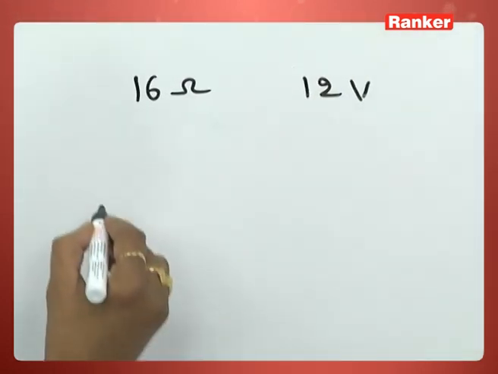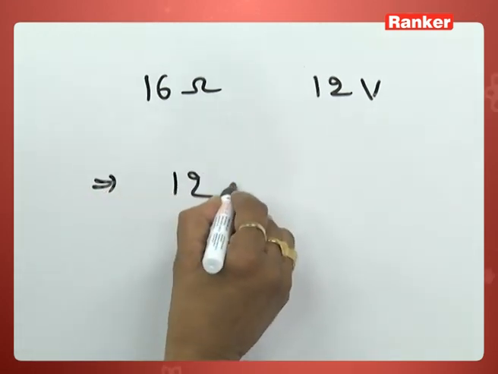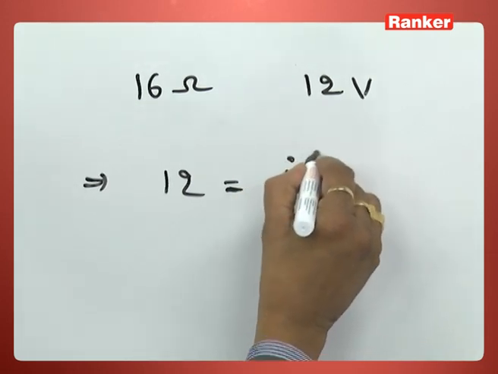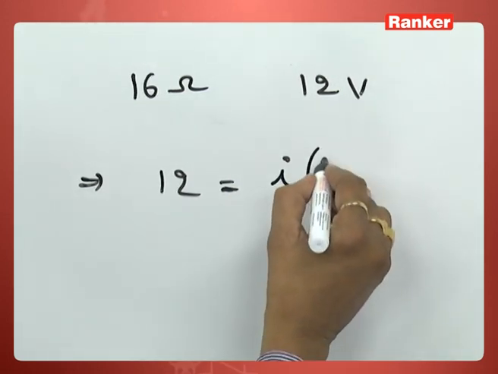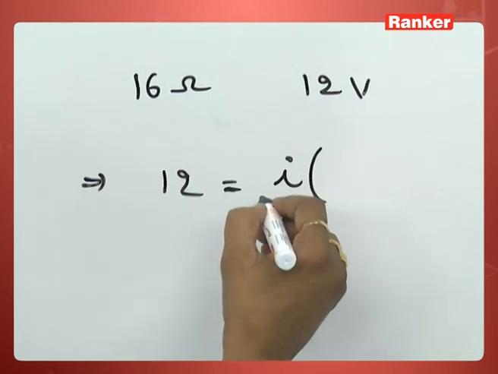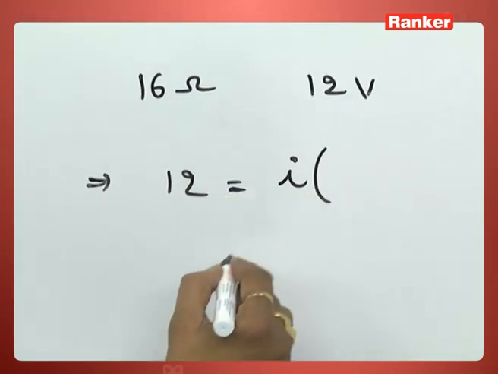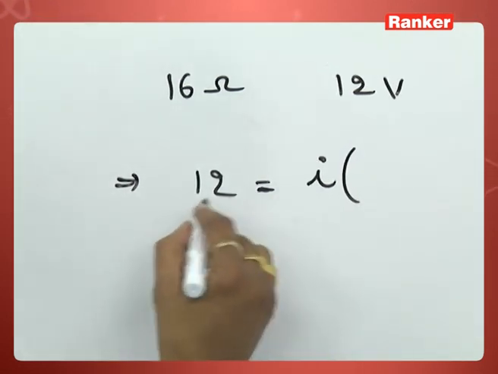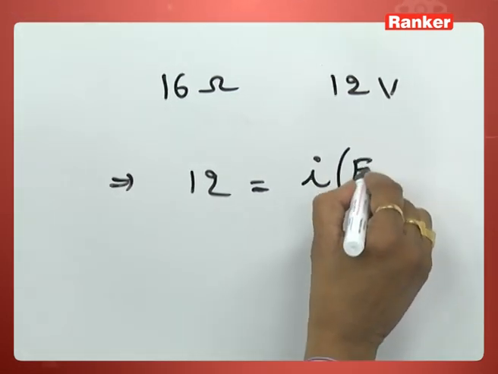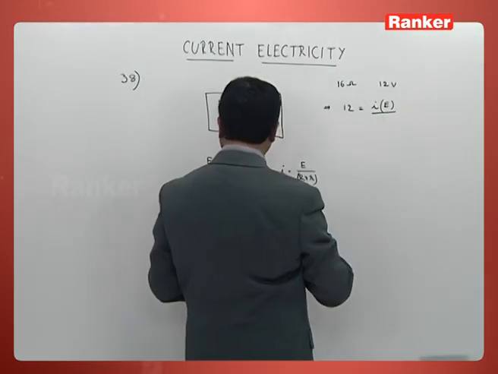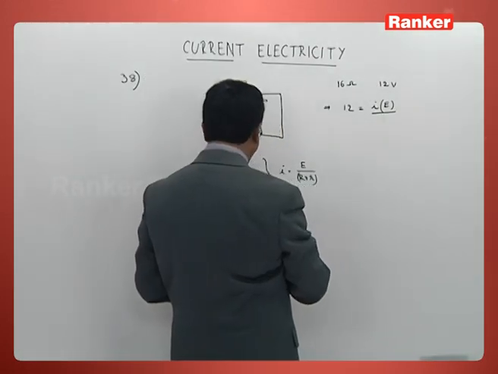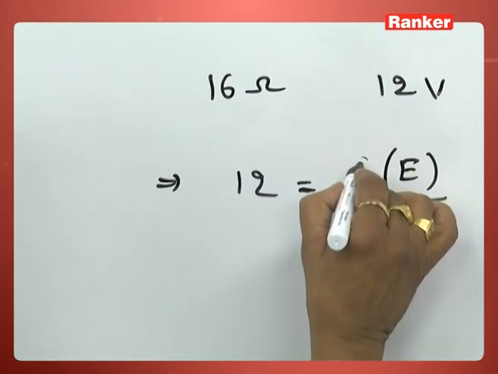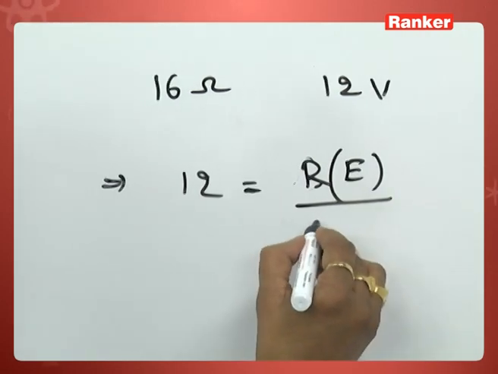Then how to write this equation? 12 is equal to the value of current into R, you can directly write R plus small r, the internal resistance is asking you. 12 volt he has given you, I is E by R plus r, into capital R, we should write here, RE by this R plus r.